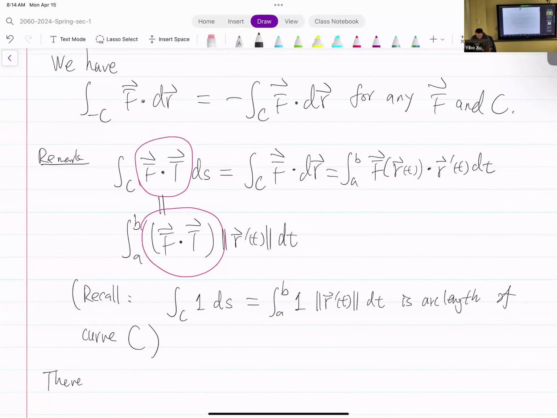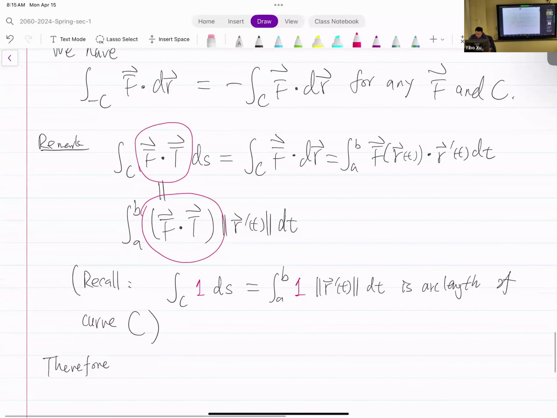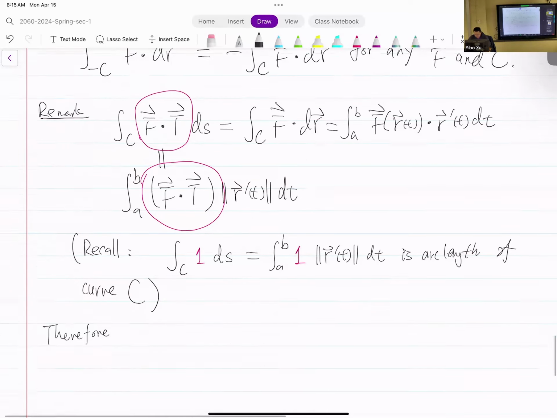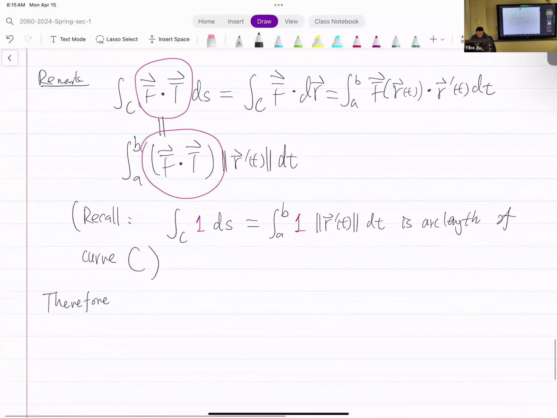Therefore, basically that circled part, which is also the constant in red, for the red part we can just replace it by whatever scalar function that we have in three-dimensional space.